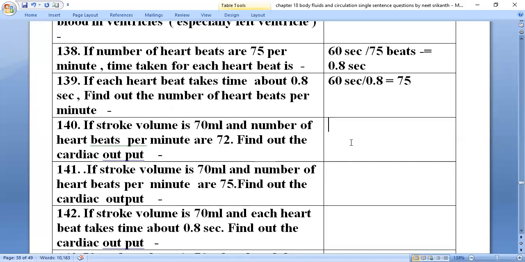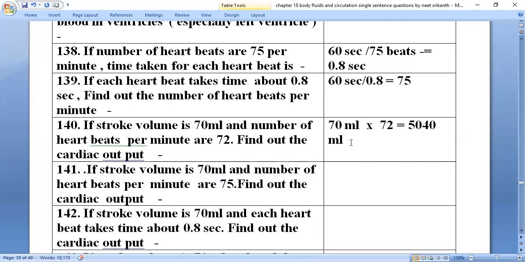If stroke volume is 70 ml and the number of heartbeats per minute is 72, find out the cardiac output. Stroke volume times the number of heartbeats per minute, 72 beats. So 70 into 72, we get 5040 ml.